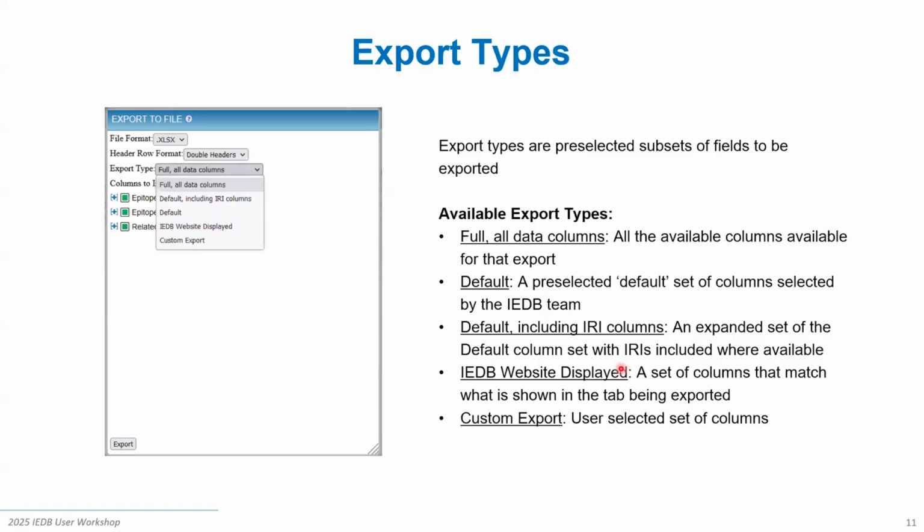So this is where you would go if you want to export, say, those assay counts for the Epitope results that aren't available on the other exports because it's so specialized to the website displayed. And then finally, you have the custom export, which is the meat and potatoes of exporting here, where you can choose the columns that you want to export and use.